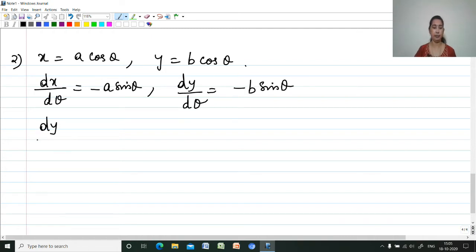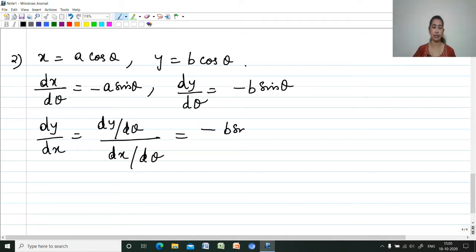Then dy by dx equals dy by d theta divided by dx by d theta, which is minus b sin theta divided by minus a sin theta. Cancelling the common terms, the negative signs and sin theta, the remaining answer is b by a.